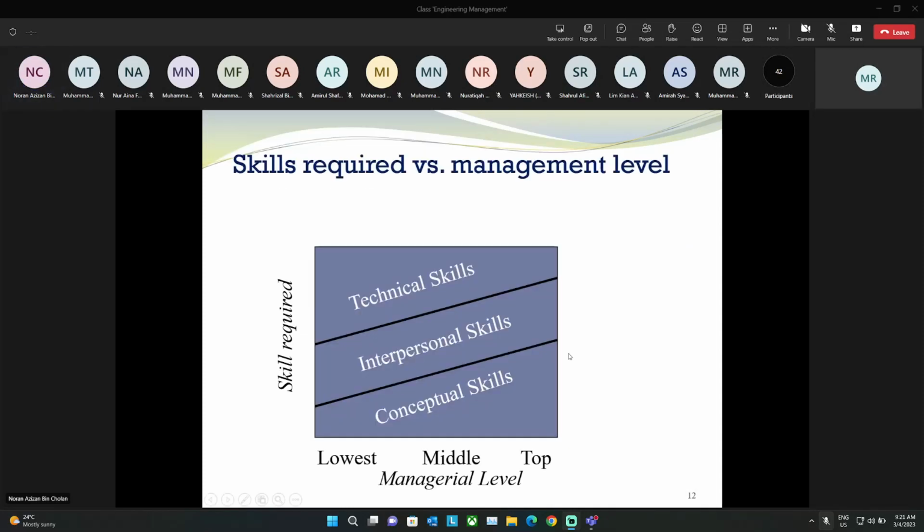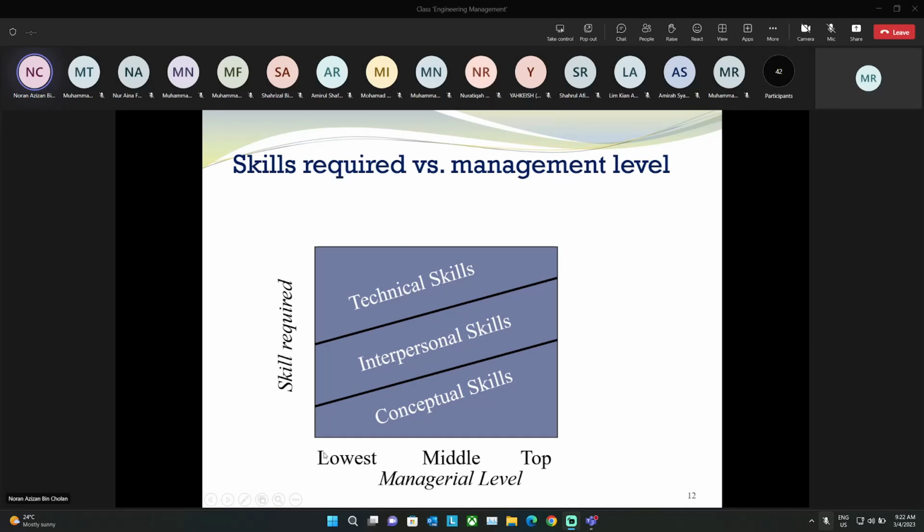Okay, so this figure shows the proportion of skills required. The Y axis is the skills required, the X axis is the manager level: lowest, middle, and top.